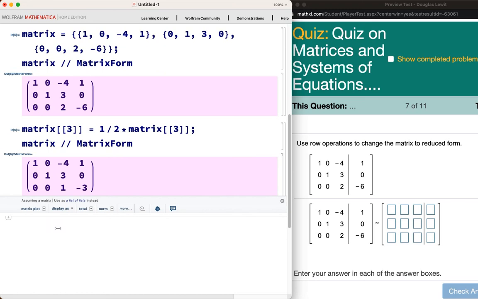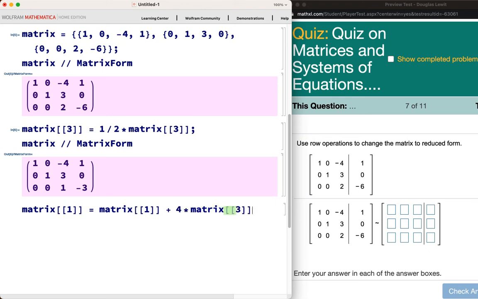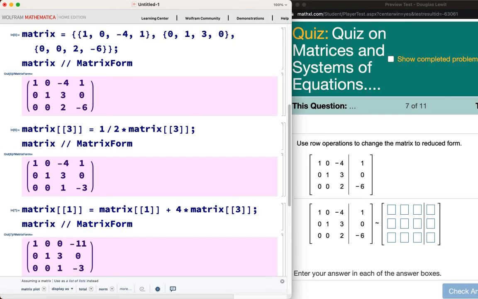And then in the first row, we want this to be a 0, and that has to be a 0. So how do we do that? Matrix first row is equal to matrix first row plus 4 times matrix third row.